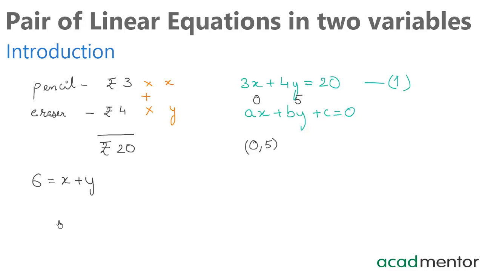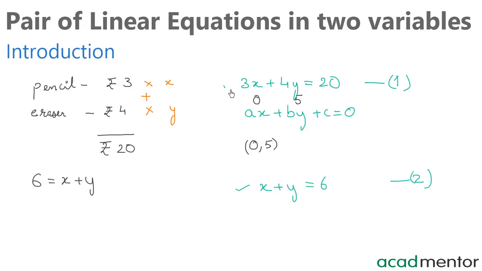Now this is another equation that we have, which is x plus y equals 6. This is also a linear equation and that too in two variables. And since that is the case, we would again have an infinite number of solutions for this particular equation.